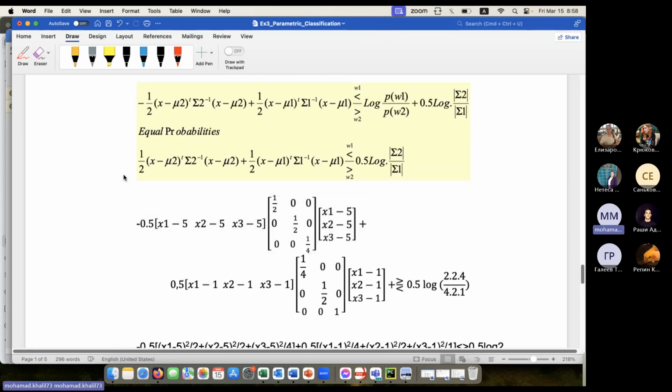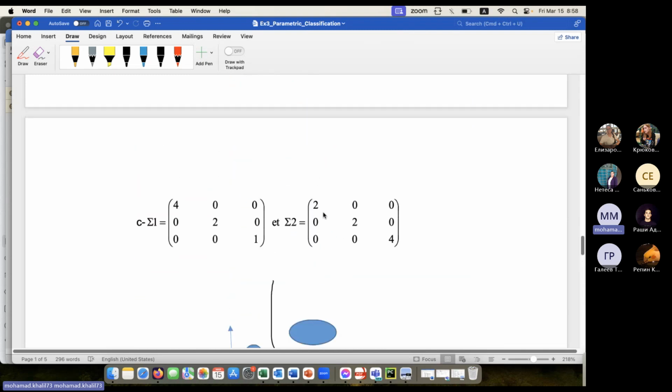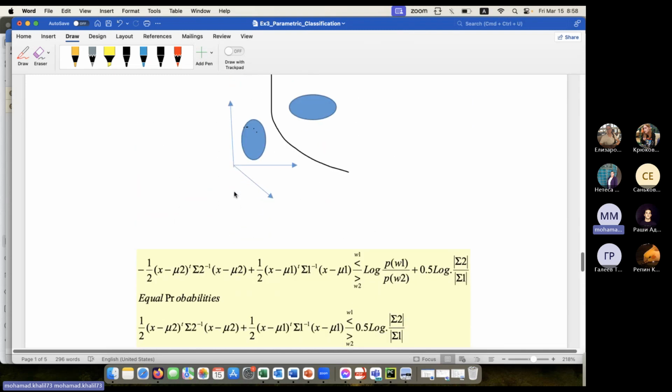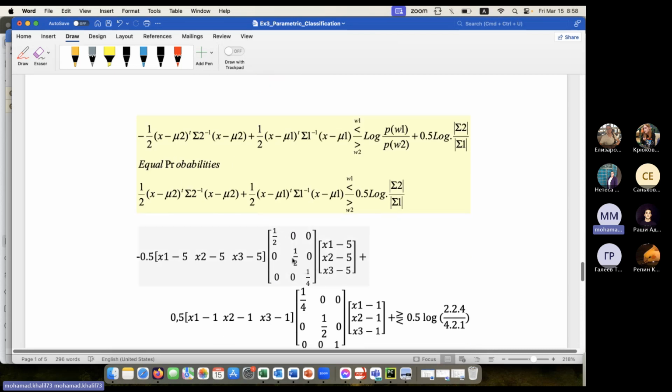Look, what is x minus mu2 transpose? x1 minus 5, x2 minus 5, x3 minus 5. What is sigma 2 minus 1? Sigma 2: 2 to 4, 1 over 2, 1 over 4, 1 over 2, 1 over 2, 1 over 4.